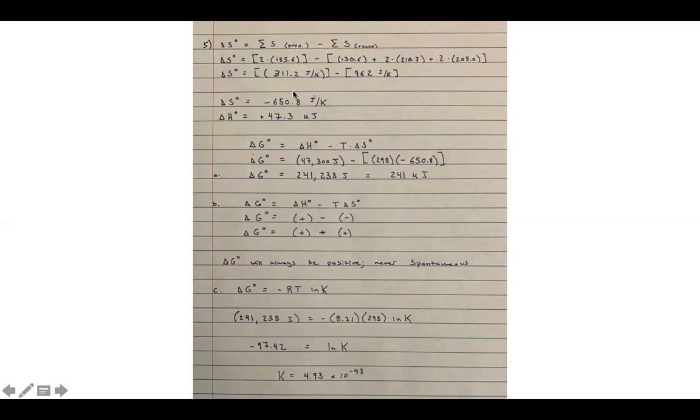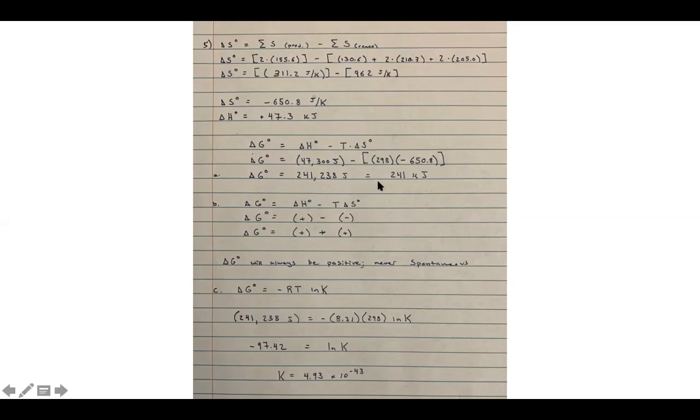Now that I have my delta S and my delta H, I can find my delta G through this really useful equation: delta G naught equals delta H minus T delta S. You'll notice here that my delta H value, I converted from kilojoules to joules, so now it's 47,300 joules. From that, we're going to subtract our temperature, 298 Kelvin, times our delta S value.